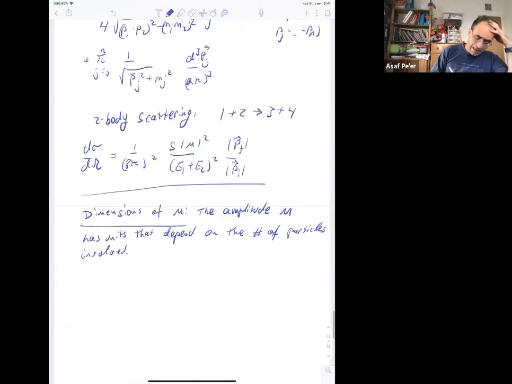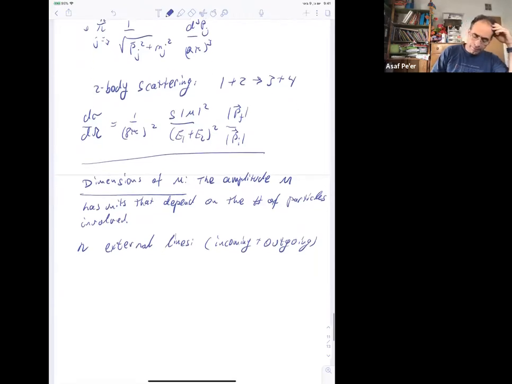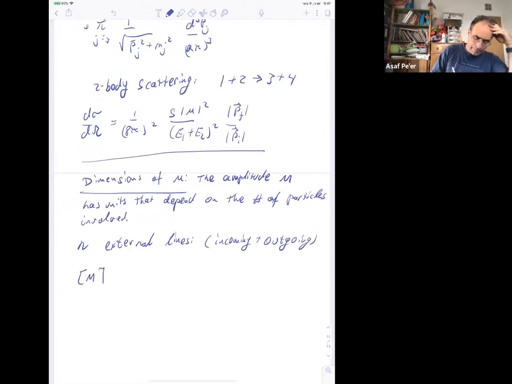If you have n external lines, incoming plus outgoing, then the dimensions of M are those of momentum, which has the same dimension as mass, raised to the power 4 minus n.